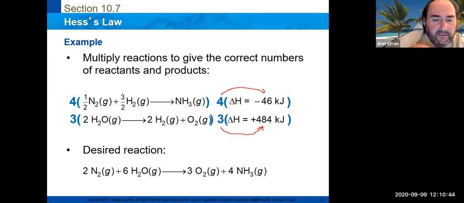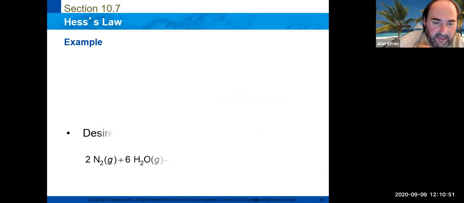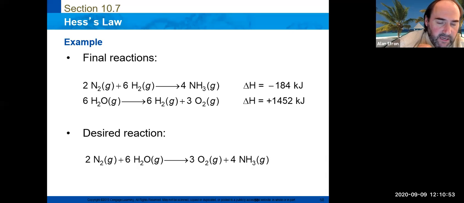And when we do that, that gives us the correct amount of everybody that we need. Multiplying it here, we can see our adjusted numbers, now we have the right amount of NH3 and the right amount of O2. We're ready to add these guys together like we did.